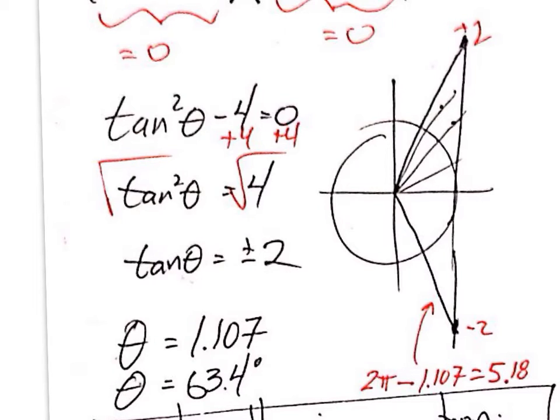Don't forget the plus or minus. And tangent of theta equals plus or minus 2. This is weird because this is not something that we're used to in the unit circle. So let's take a look at what we're talking about here.